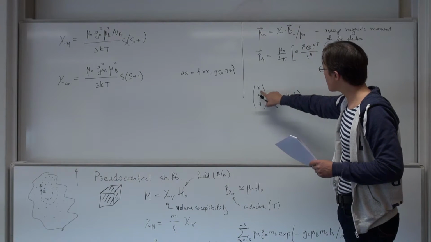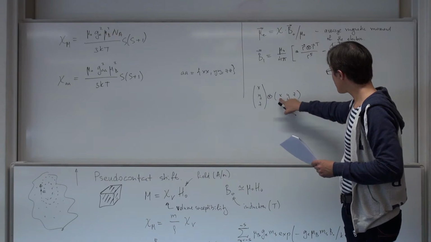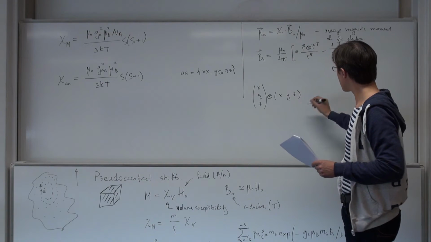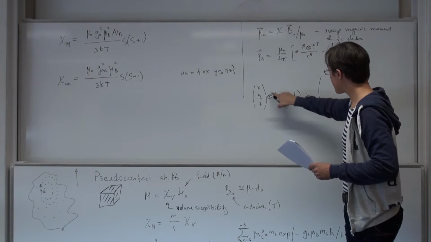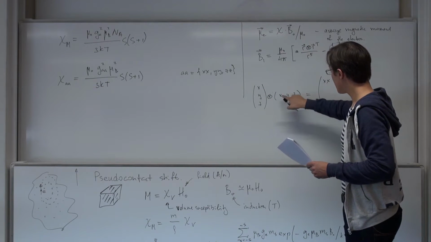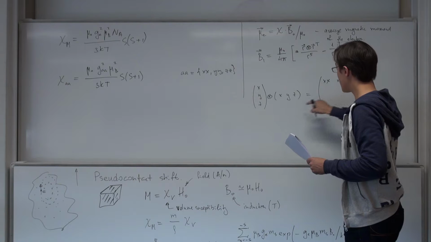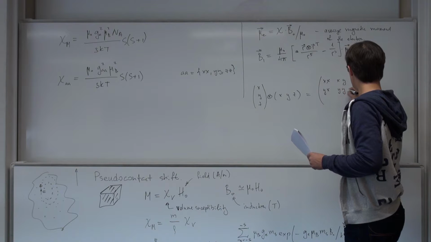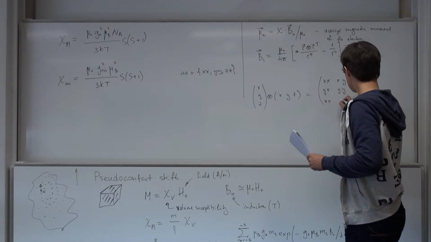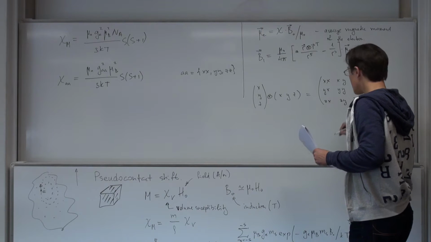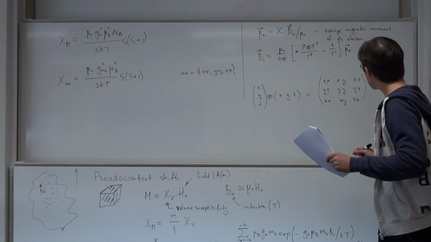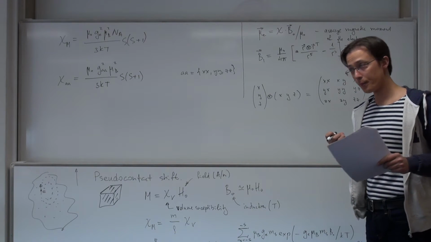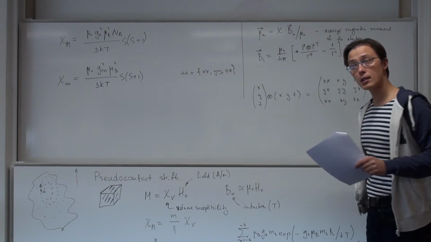That means every element of this matrix should be multiplied by every element of that matrix, and the result stacked up. And so what we would have here is x, x, x, y, x, z, y, x, y, y, y, z, z, x, z, y, z, z. So it's a shorthand way of writing what's called in the jargon a dyadic matrix. It's a matrix that is produced by such a transformation.